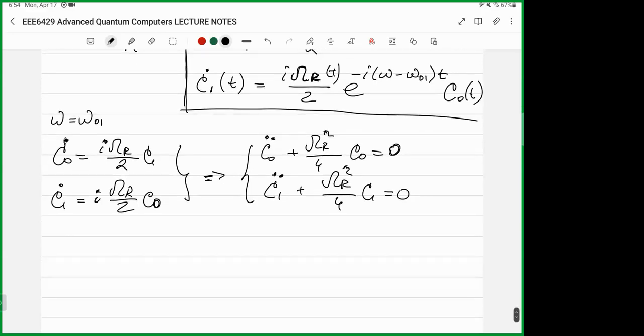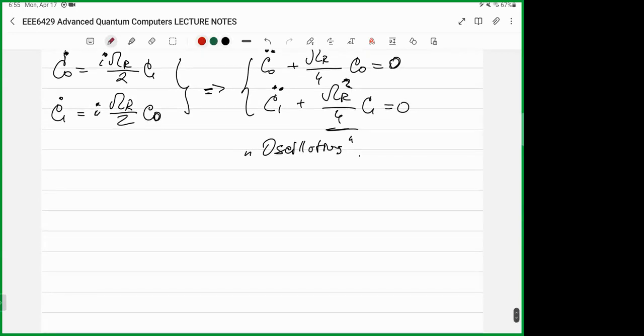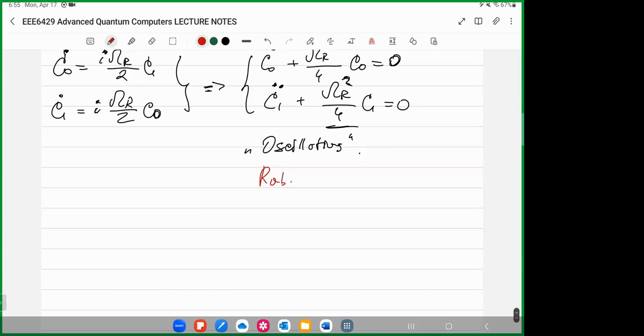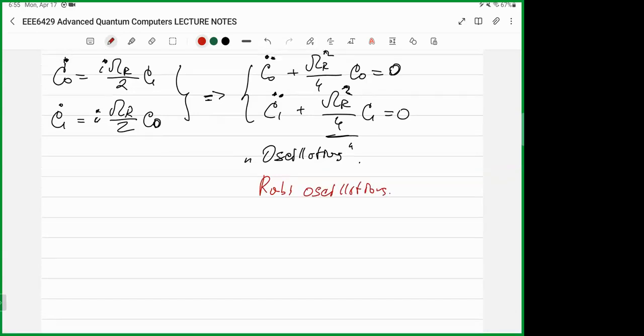So basically two identical second order differential equations with this term, which is obviously the frequency, right? So we got the oscillations, and we call them Rabi oscillations.